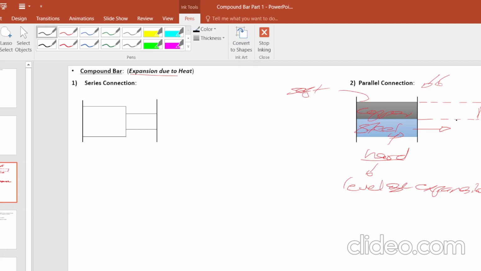If steel expands to this level, it means copper as well needs to come back to the level of steel, because steel is the measuring stick of expansion of this combination here.